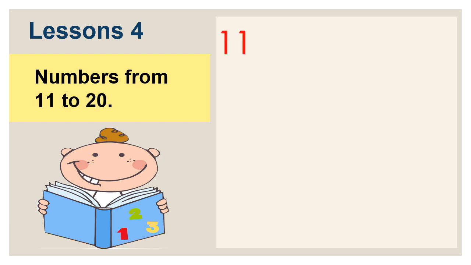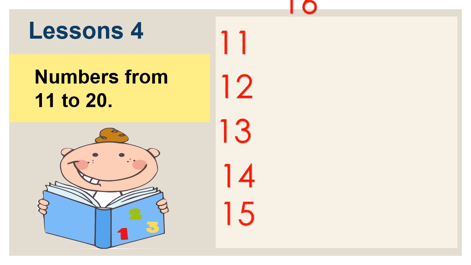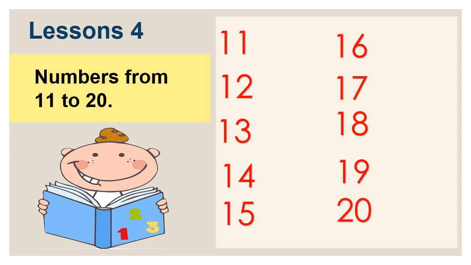Let's look at the first one. 11, 12, 13, 14, 15, 16, 17, 18, 19, 20. So these are the numbers from 11 to 20.